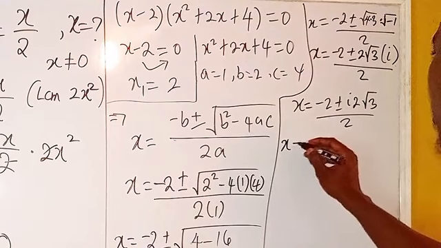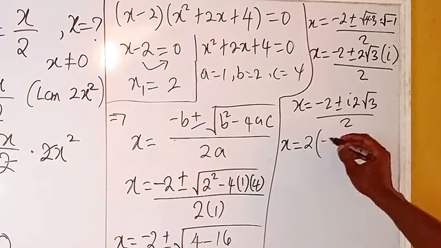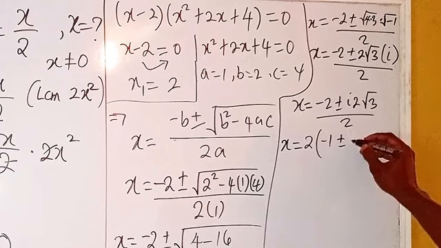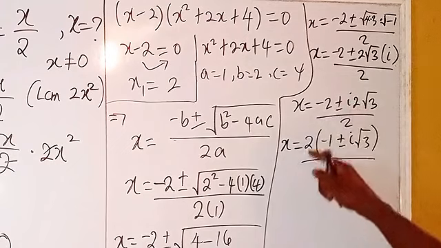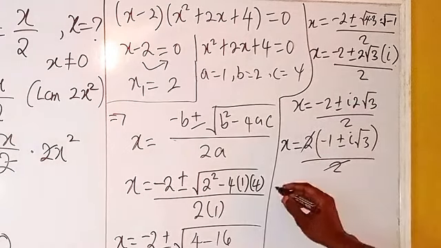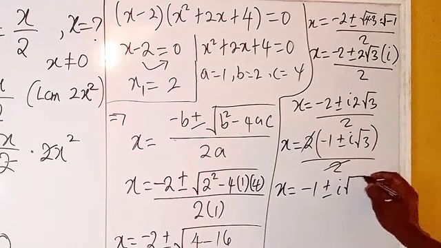Right? So this is going to be x equals 2 times minus 1 plus or minus i root 3, then all over 2. So I factorize 2 out, we cancel this. We have x equals minus 1 plus or minus i root 3.